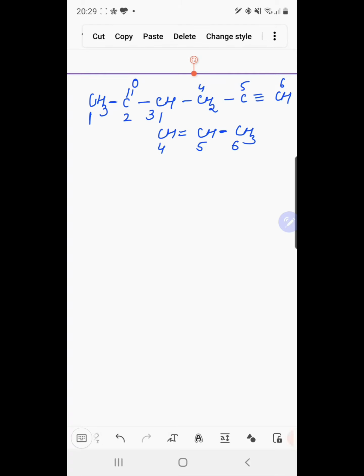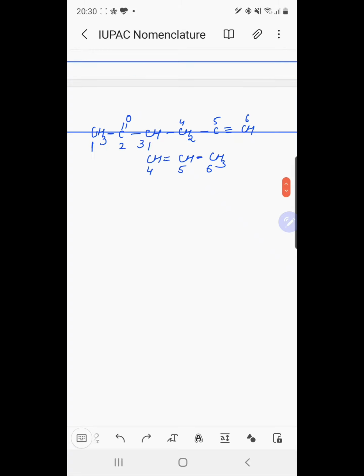But in this case the double bond is at the fourth position while the triple bond is at the fifth position. So we will give preference to this route in which the double bond gets the lowest locant in comparison to the triple bond. CH2 C triple bond CH will be taken as a substituent.